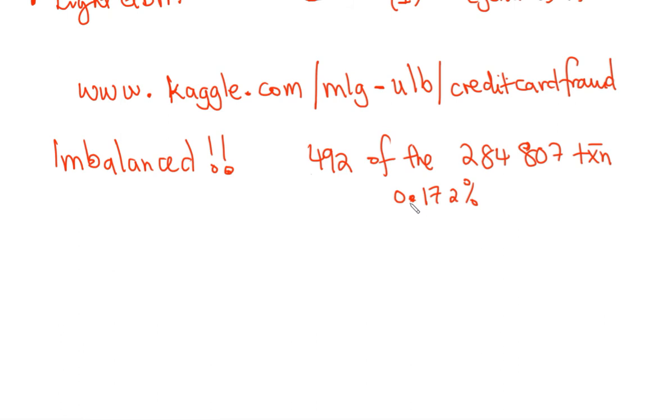Fraud data sets have to be imbalanced, because it means that all the other checks and balances caught all the other fraud. It struggled with the 492, of course, but having such a low fraud rate means the checks and balances were working. There might be rule-based checks and balances. If a transaction is of this much amount, we never expect it, just make it fraudulent until a human looks at it and all of that.